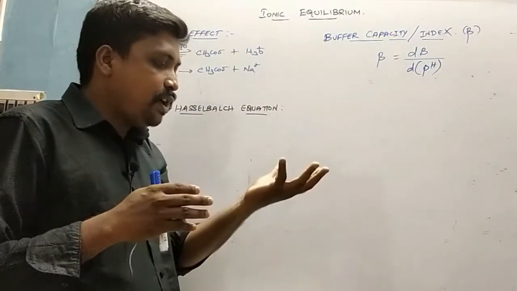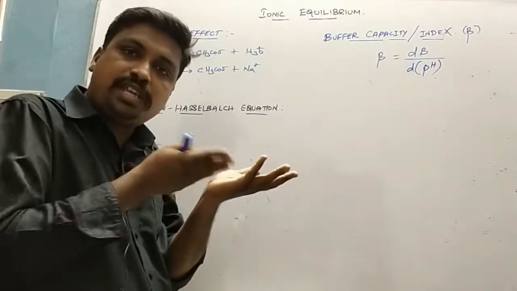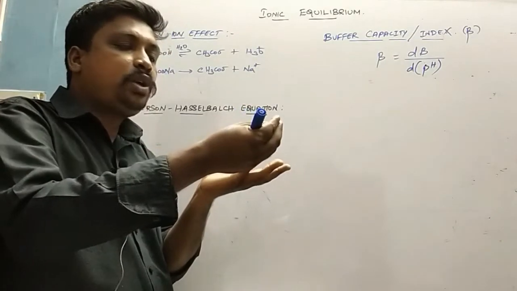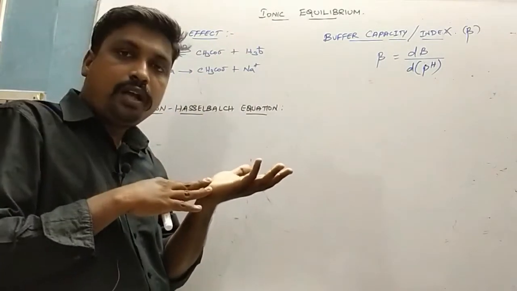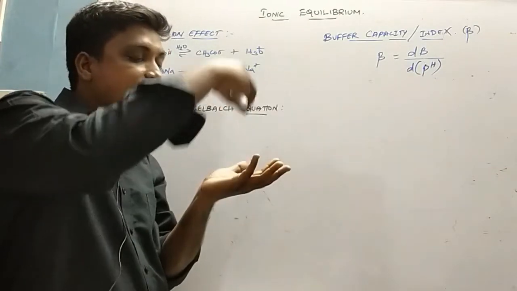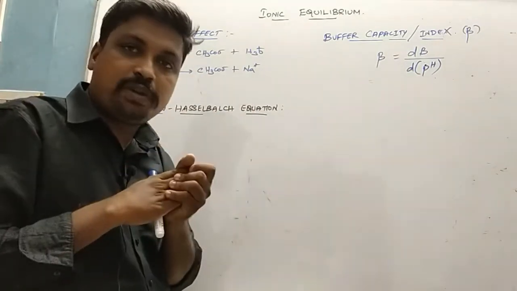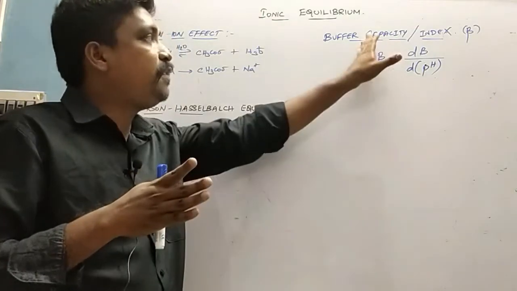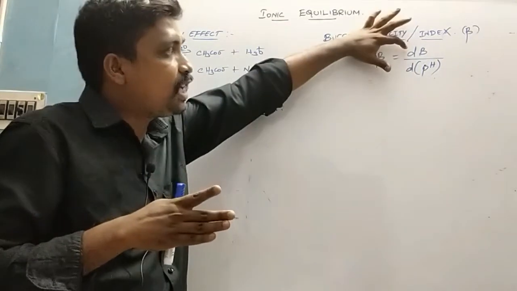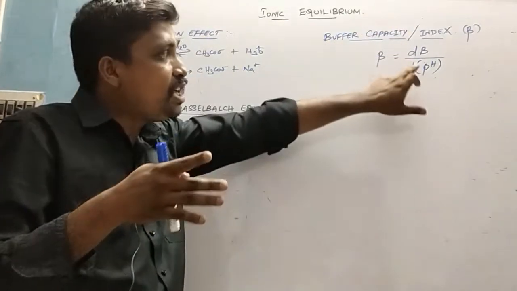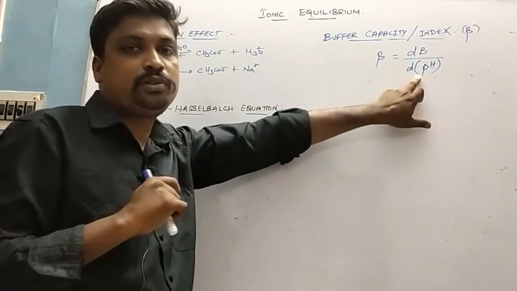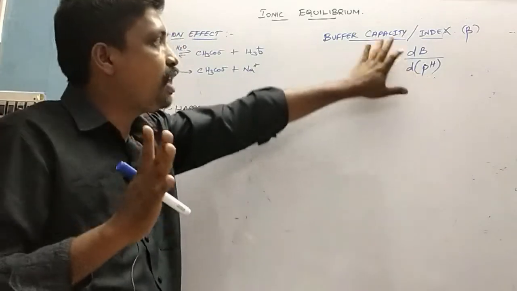See here, if there is a buffer with a certain pH, how much acid can be added to decrease its pH by 1, or how much base in gram equivalents can be added to increase its pH by 1? That is called buffer capacity. So the number of gram equivalents of acid or base required to change the pH by 1 is called buffer index.